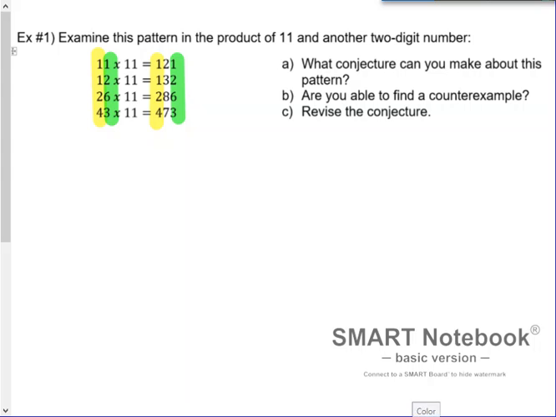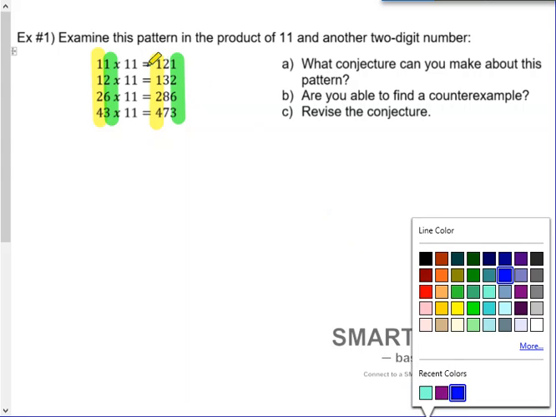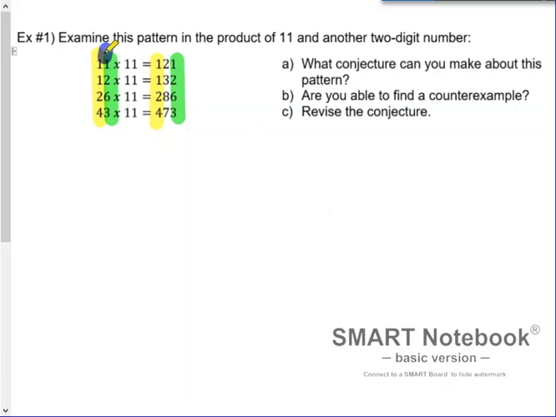You might notice that you can get that 2, 3, 8, and 7 by adding our first and second digits. So 1 plus 1, I get 2. 1 plus 2, I get 3. 2 plus 6, I get 8. 4 plus 3, I get 7.